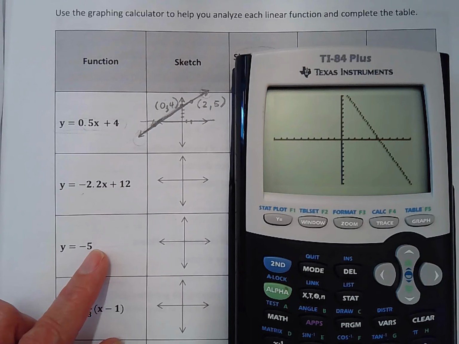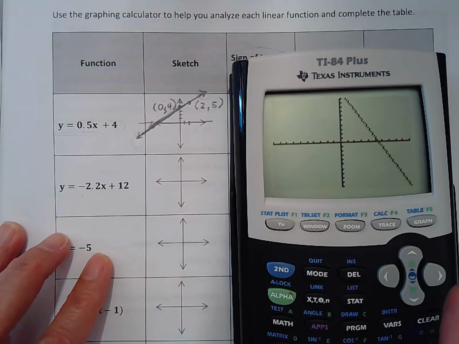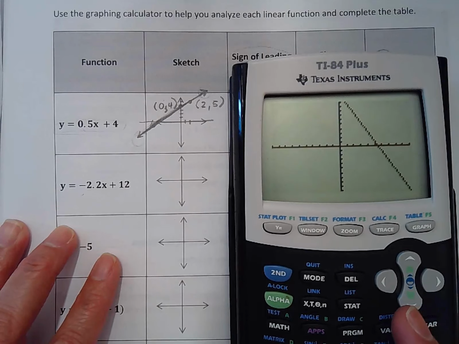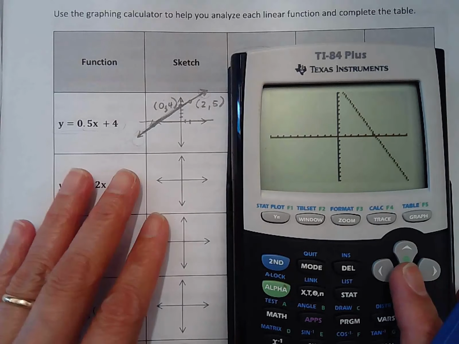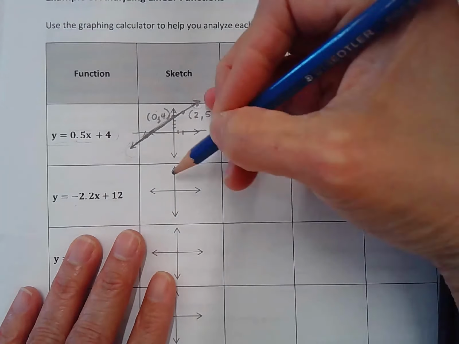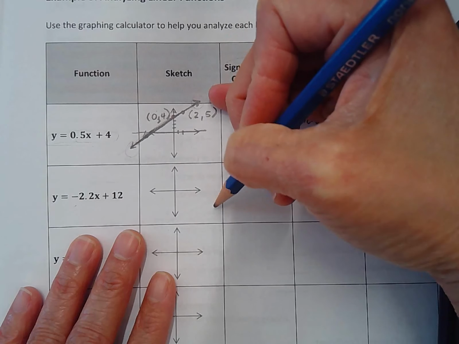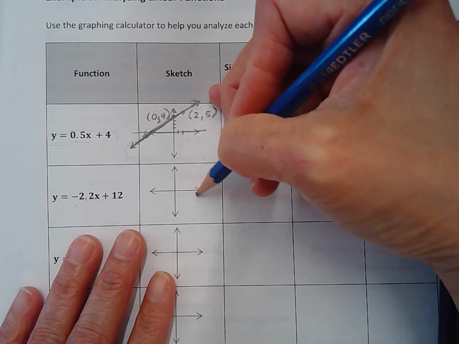Okay, so here we go. Now that's a graph. We're supposed to do a sketch. We know it's gonna fall down, right? Decrease to the right. Decrease, or you can say decreasing.